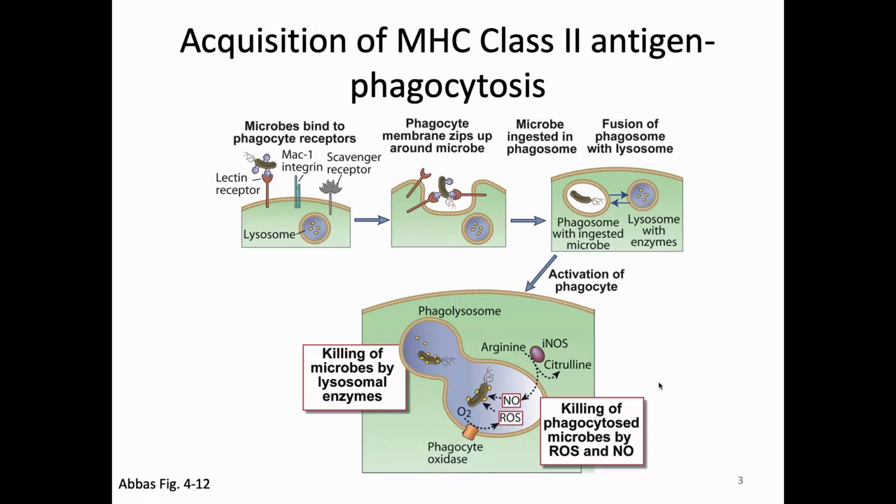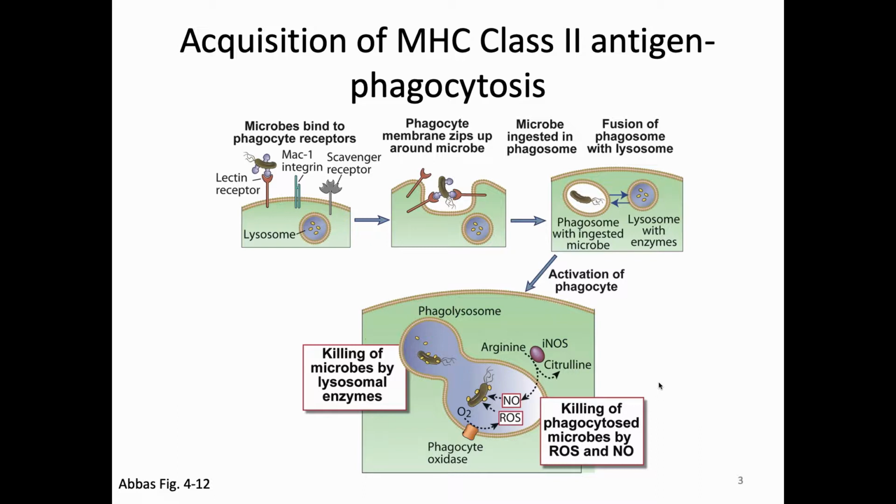The easiest way to think about that acquisition is phagocytosis. And so our cell will have either some type of pattern recognition receptor that can bind to the microbe, maybe some type of Fc receptor or complement receptor, all of which may lead to phagocytosis.